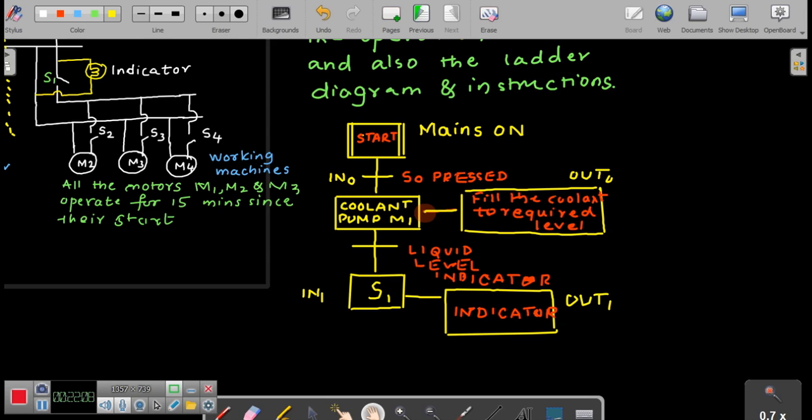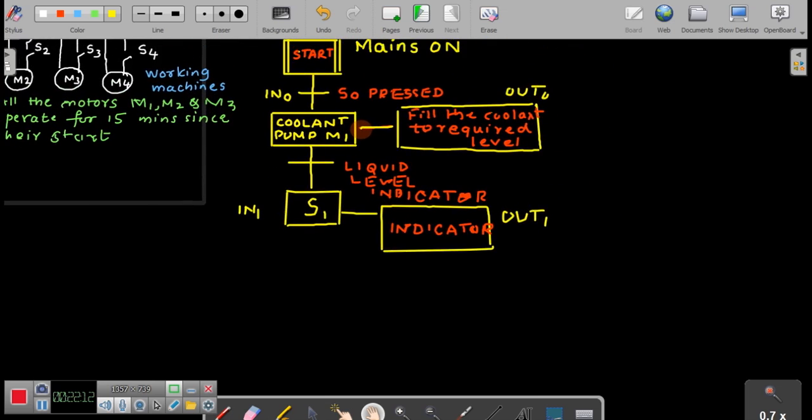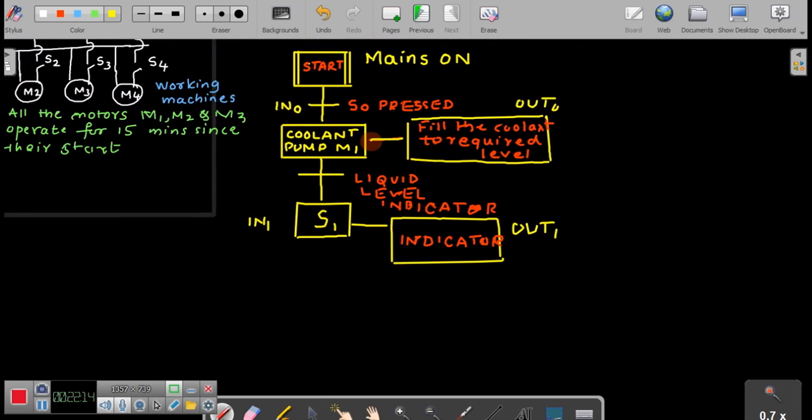So now from here, what I should have is a branching. Once I got out 1, I will come here, and again I will take this way, and this way.